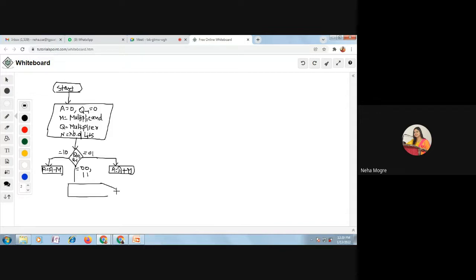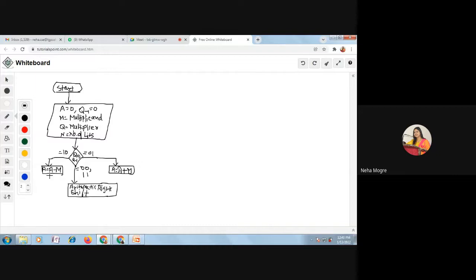Then perform arithmetic right shift. So the right shift operation we are going to perform when the value of Q0, Q minus 1 is 0 0 and 1 1.